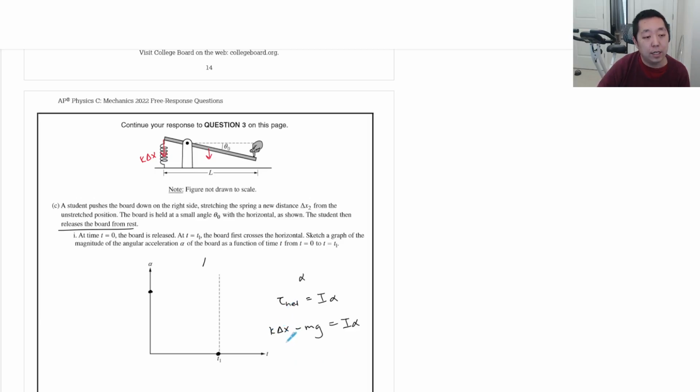Delta x I can think of as r delta theta, because for the linear motion I could say approximately like that. This is just to give me a rough idea of what's happening. So this would be k r delta theta minus mg equals I, times the second derivative of theta with respect to t squared.